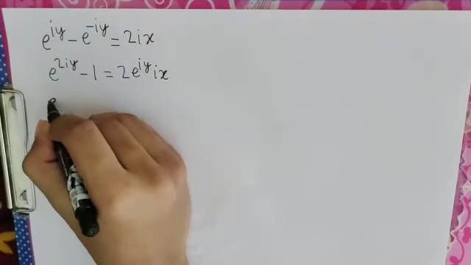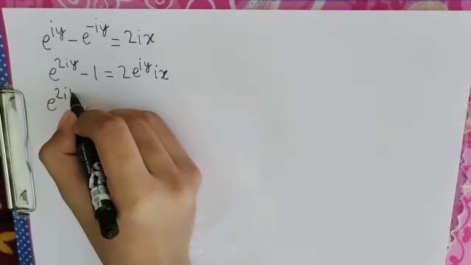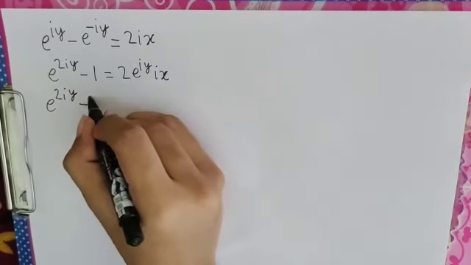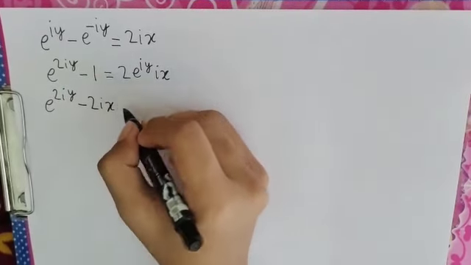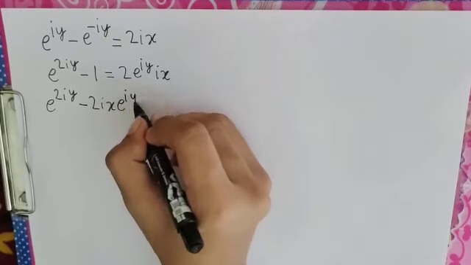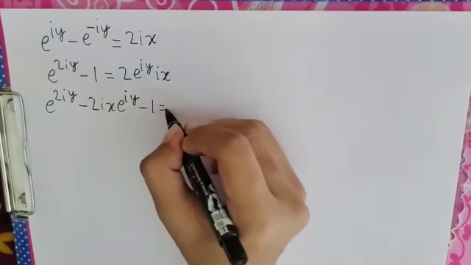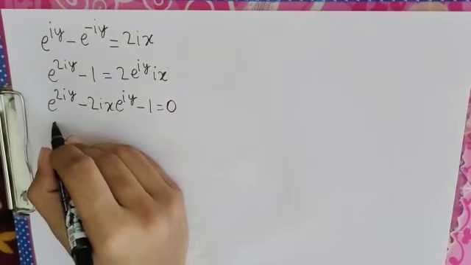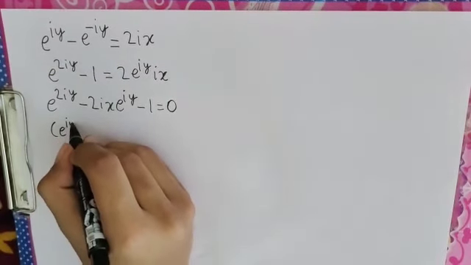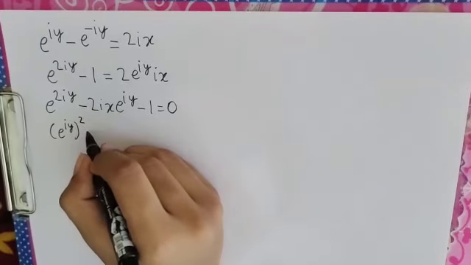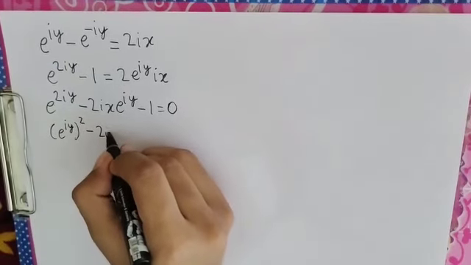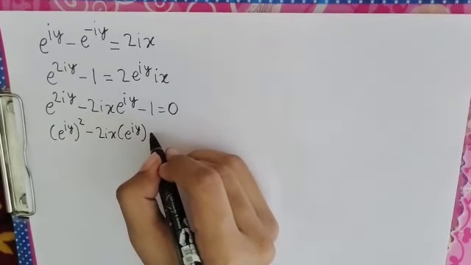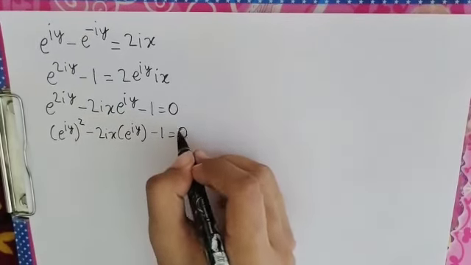Therefore, e^(2iy) minus 2ix times e^(iy) minus 1 is equal to 0. Therefore, (e^(iy))^2 minus 2ix times e^(iy) minus 1 is equal to 0.